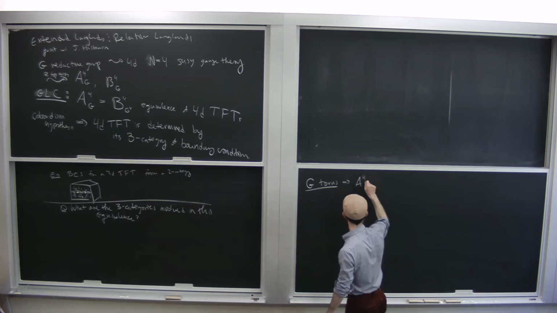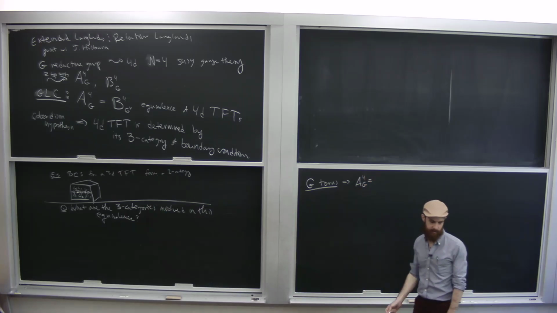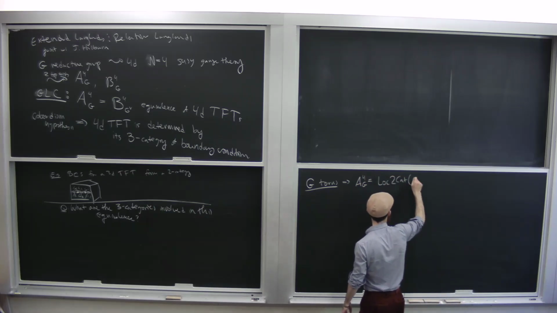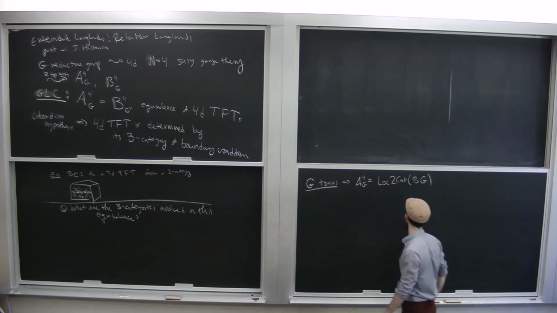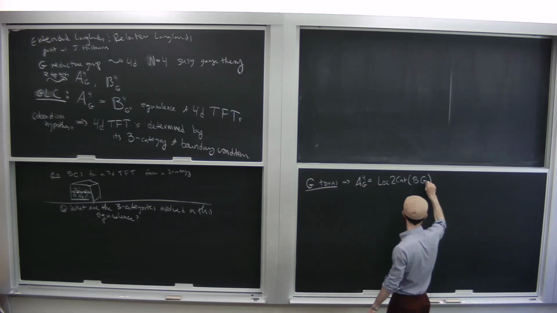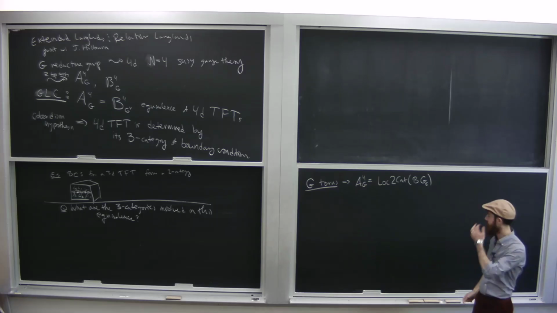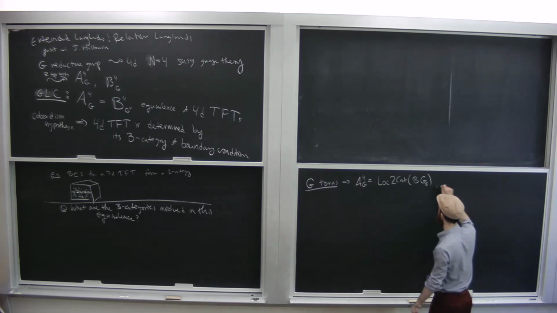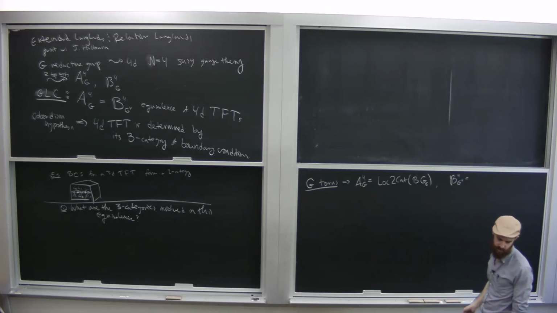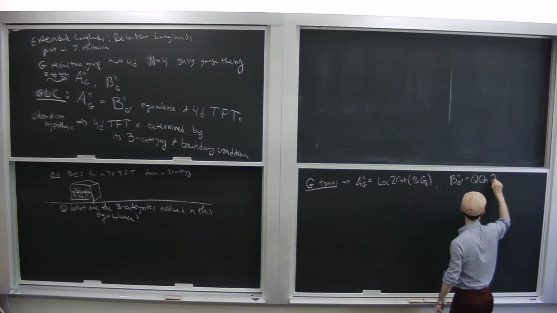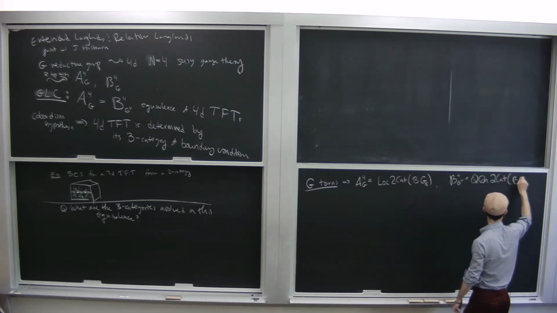So in this case, my A4G is going to be the three-category of local systems of two-categories over BG. I'll explain what that is in a moment. Maybe I can think of the complex points of BG, so I get a topological space. And my B4G check is going to be the three-category, again, of quasi-coherent sheaves of two-categories on BG check.